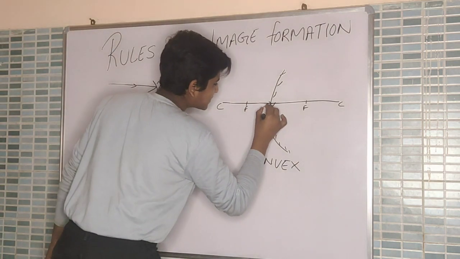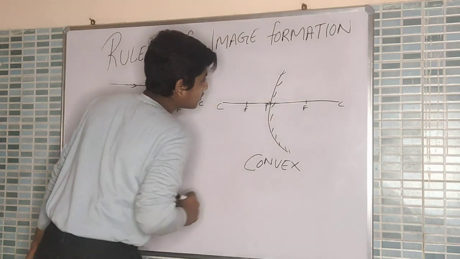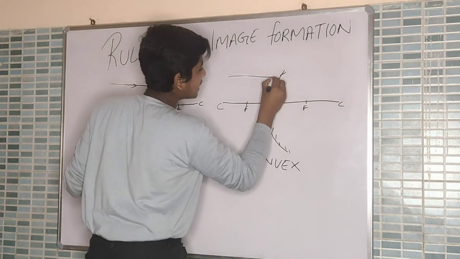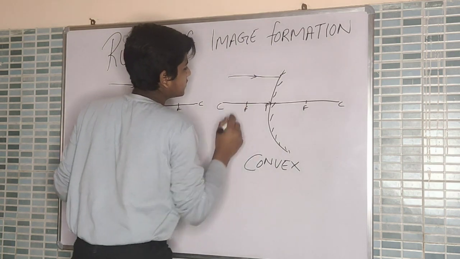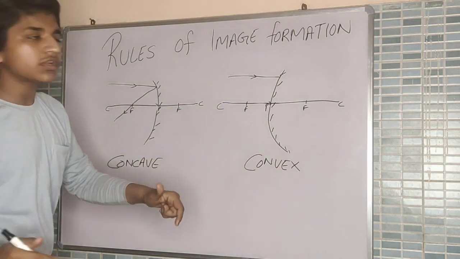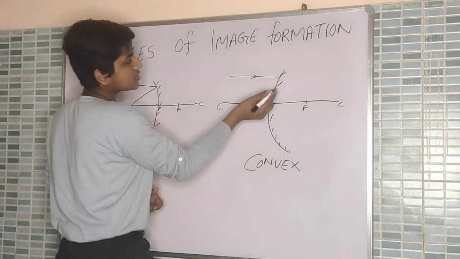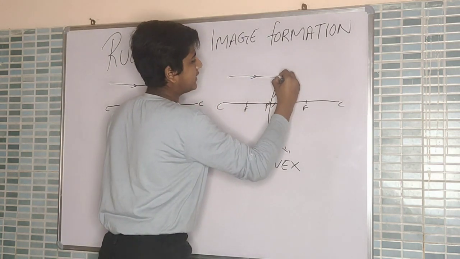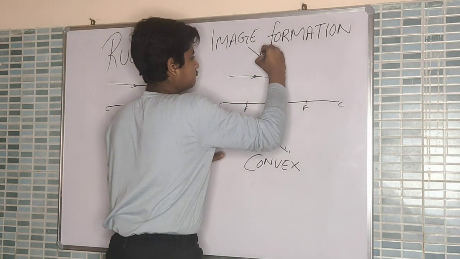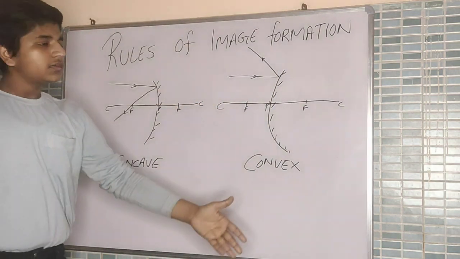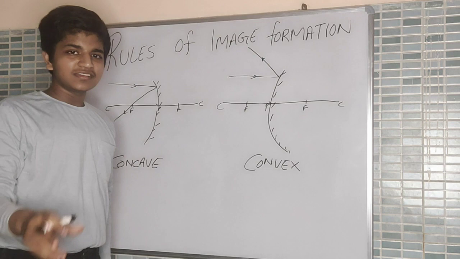In a convex mirror, if I am drawing a ray of light parallel to the principal axis, as it is a diverging mirror, it will be diverged upwards, not inwards. So how can I make this ray of light pass through the focus?